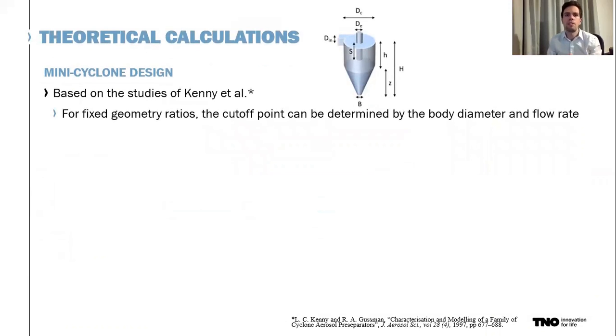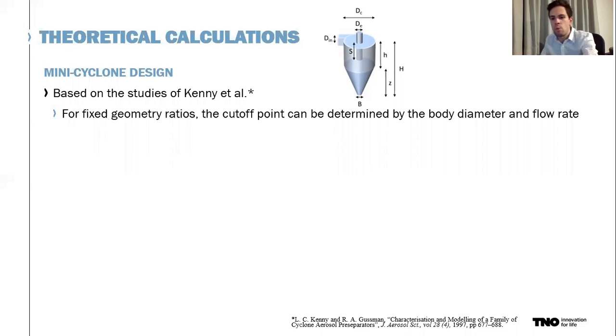Now we move forward to the theoretical calculations used to design the mini cyclones and our data processing algorithm. We have based the design of the cyclone on the studies performed by Kenny et al. That state that for a fixed geometry ratio, the cutoff point depends on the body diameter and the flow rate.